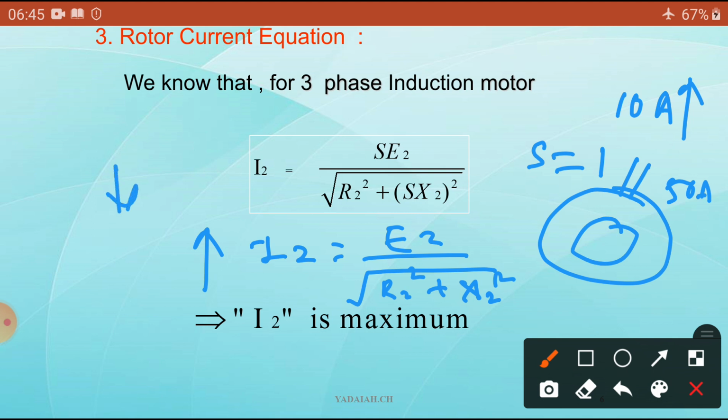This enormous current rushes into the motor, and this high current may burn the winding, because the input current I1 is equal to I0 plus I2 dash. So this current is enormous now.